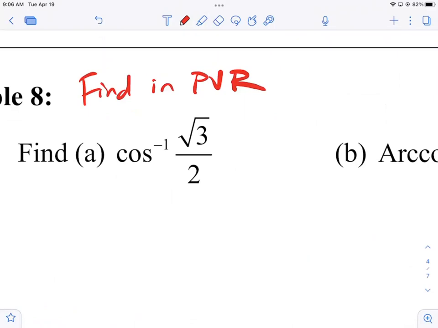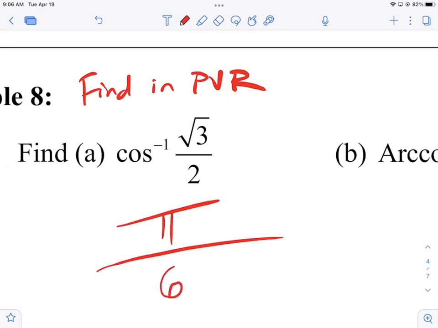You can read it either as inverse cosine of square root of 3 halves, or cosine of what angle in the PVR is square root of 3 over 2? I'll start you off. Pi. That's right, 6. Cosine of pi 6 is square root of 3 over 2. So the inverse cosine of square root of 3 over 2 is pi 6.